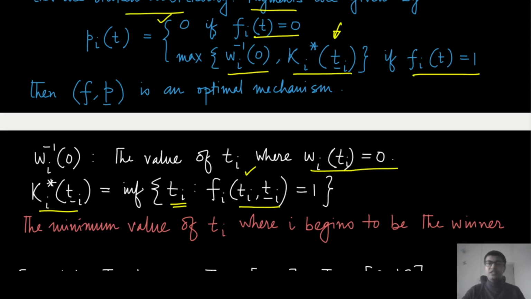If there exists exactly one individual whose virtual valuation is positive and for everybody else the virtual valuation is negative, then player i will get that object at the point where its virtual valuation just starts becoming positive. That is the threshold point, which is Wi inverse of 0, and whichever is larger. So when everybody else has a negative virtual valuation, the maximum of these two things will be the first one, and therefore that is the payment.